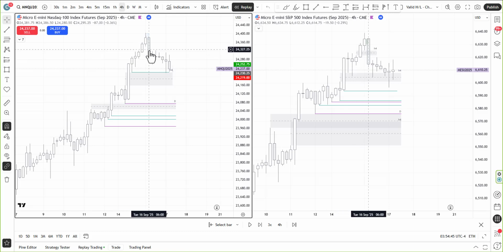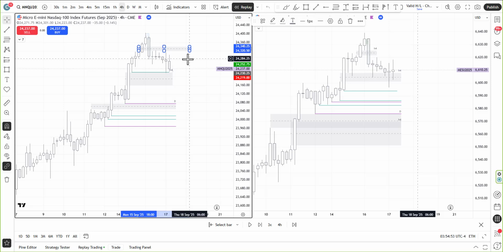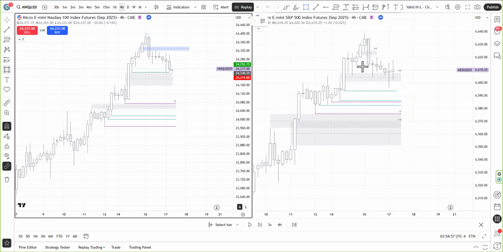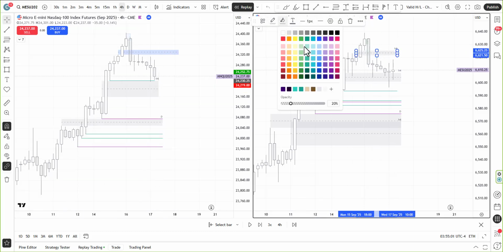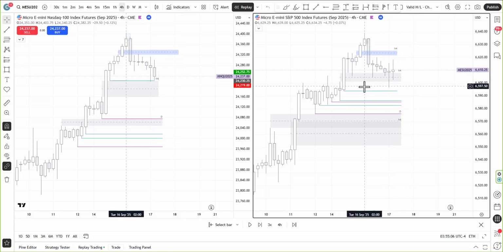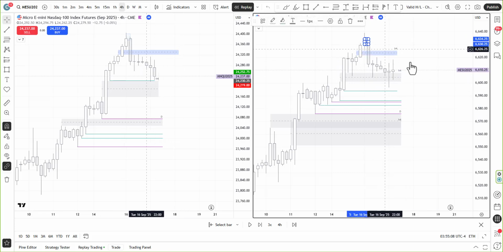In yesterday's video I already said, okay, we have a 4-hour balanced price range here, which is currently holding price down. I'll mark it in blue. If that one breaks, then we can have a bullish bias again, we'll get new all-time highs, etc.